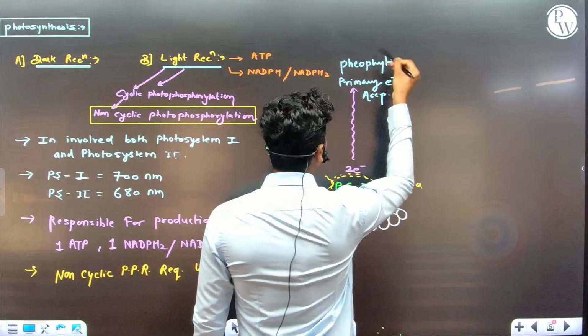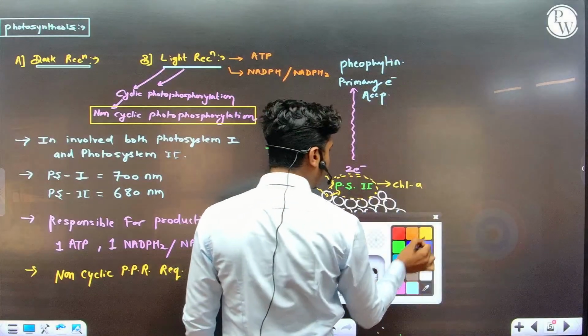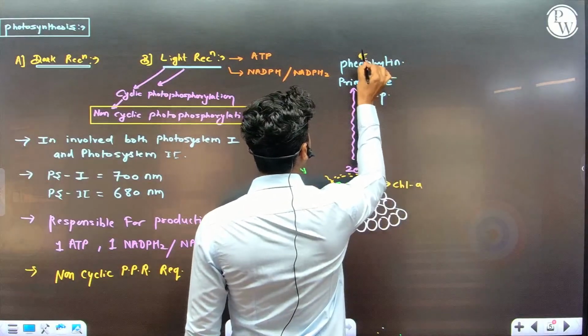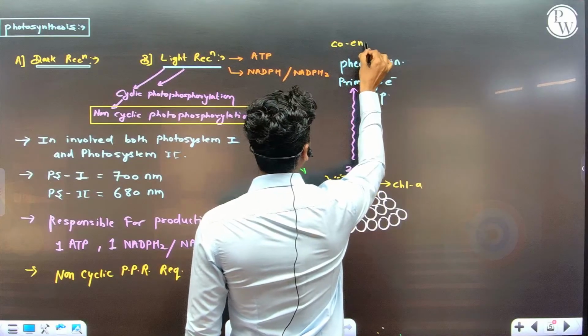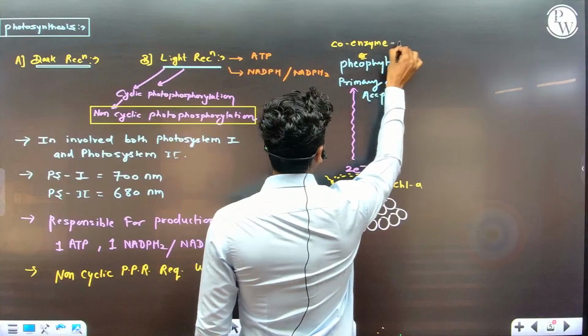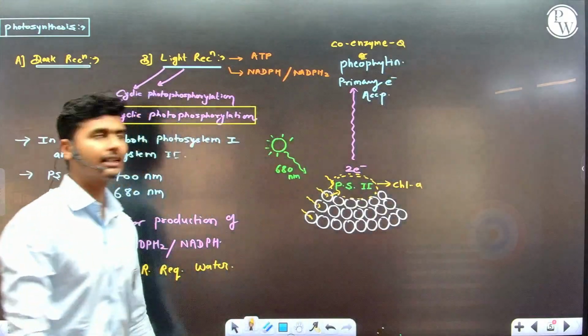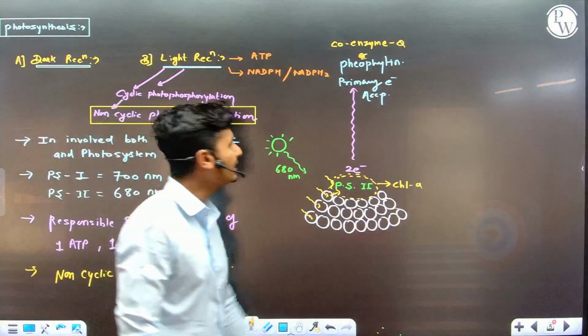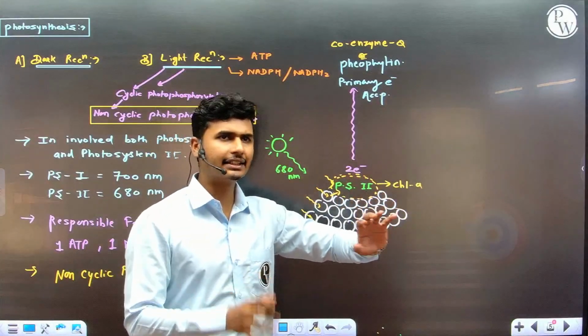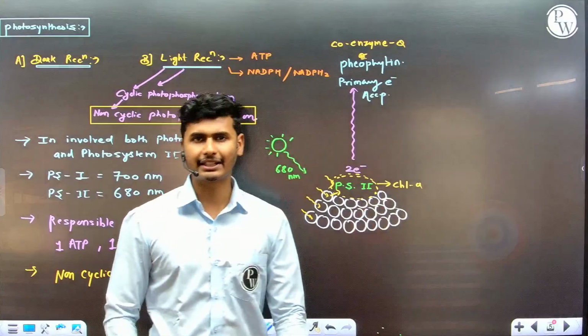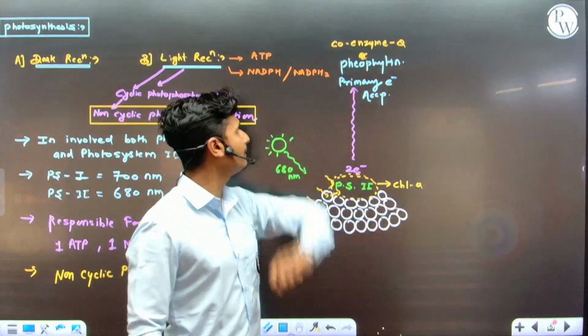phosphorylated. Or in some books it is written as coenzyme quinone. But according to NCERT, or according to the concept of non-cyclic photophosphorylation, just remember the term phosphorylated.